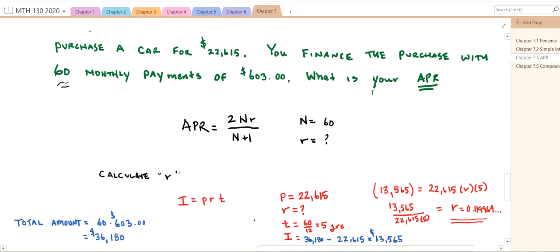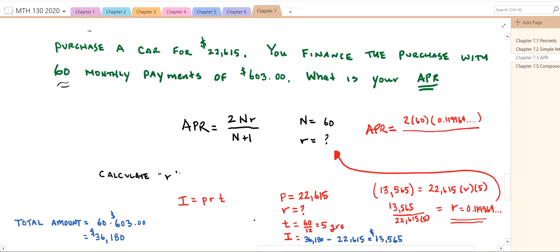So if we look up here, we put it here, now we can calculate our APR. So the APR equals 2 times 60 times 0.119964, a big number, divided by 60 plus 1.